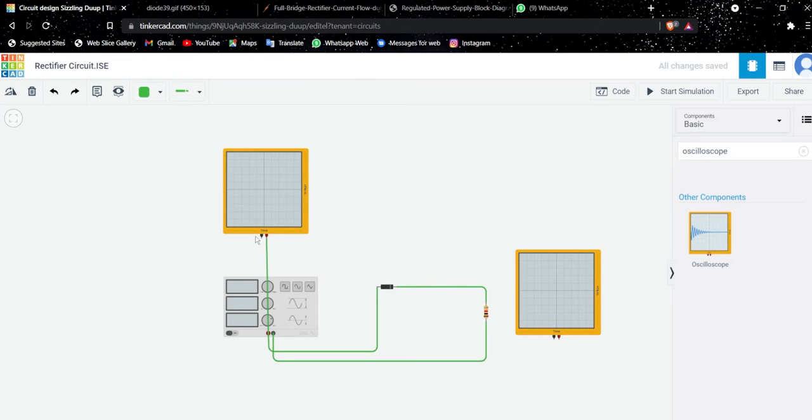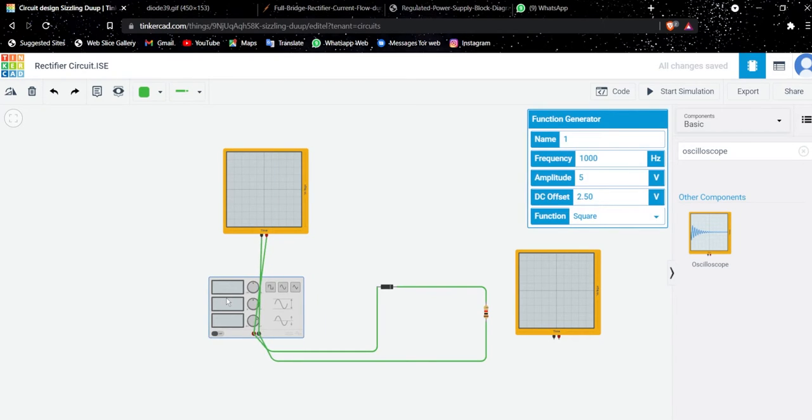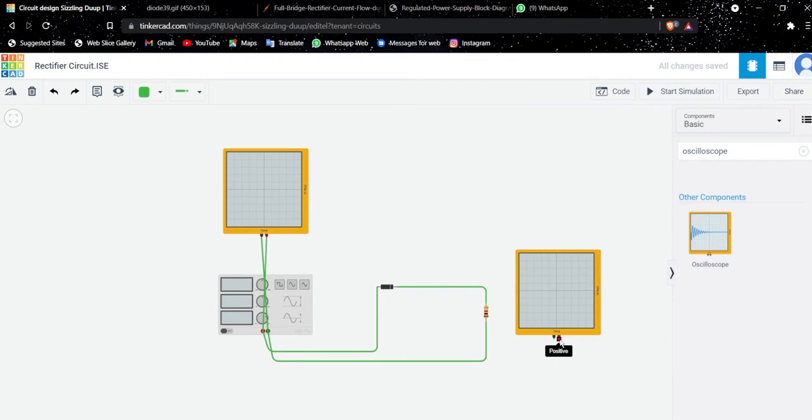So we will connect this oscilloscope to the positive and negative terminals. This positive will be connected here across the load resistance, and this terminal will be connected here as well, this is negative.